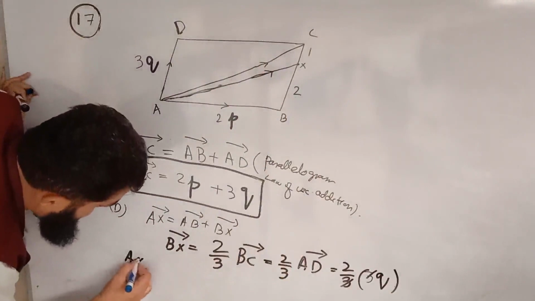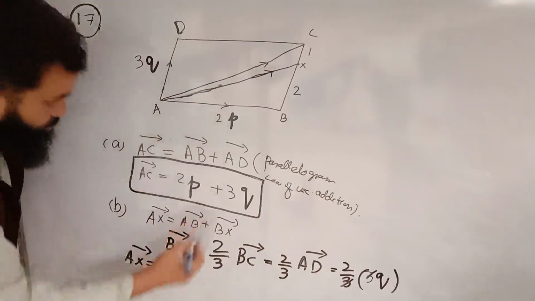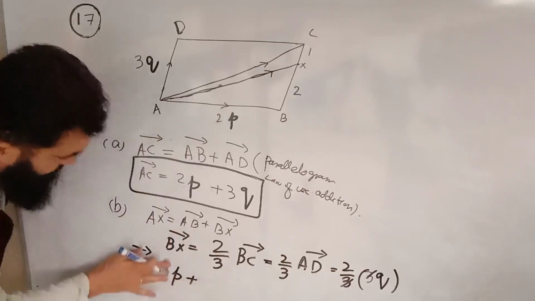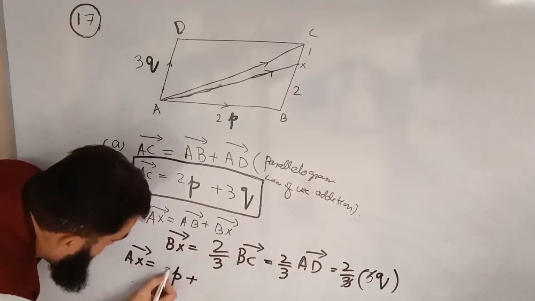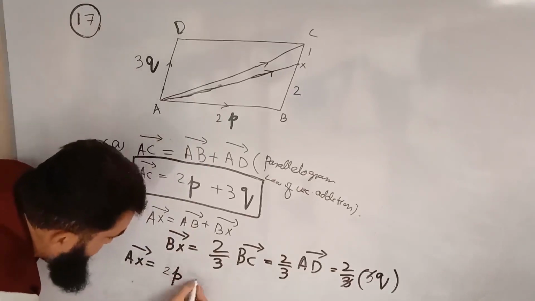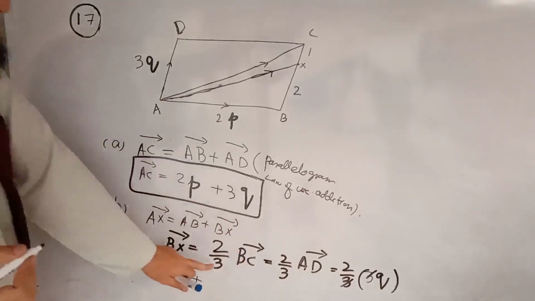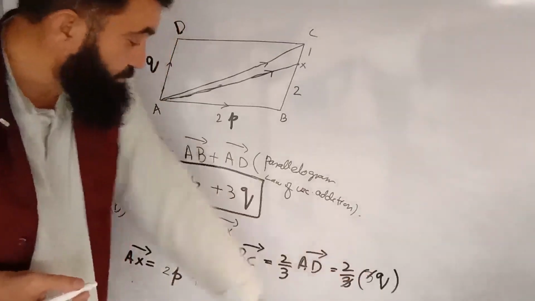Therefore AX will be equal to AB. AB is given as 2P, plus, I write it narrow so you can differentiate between vector and scalar, 2P plus BX. BX is given as 2Q.